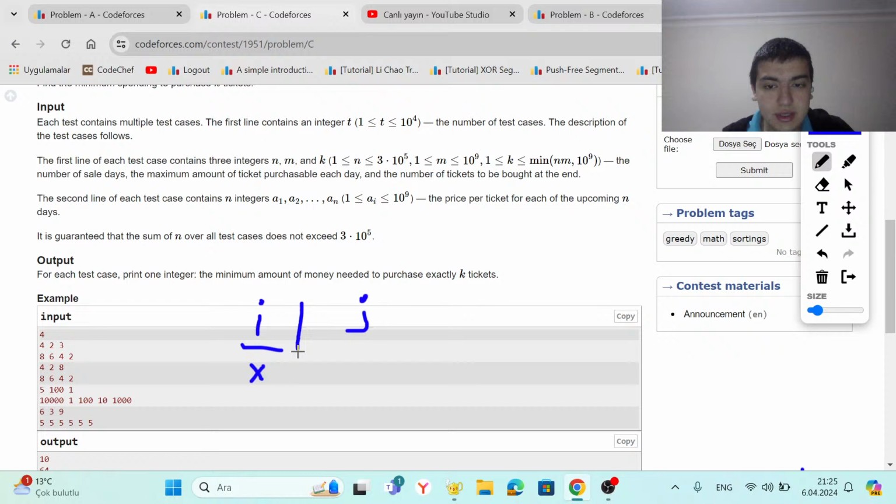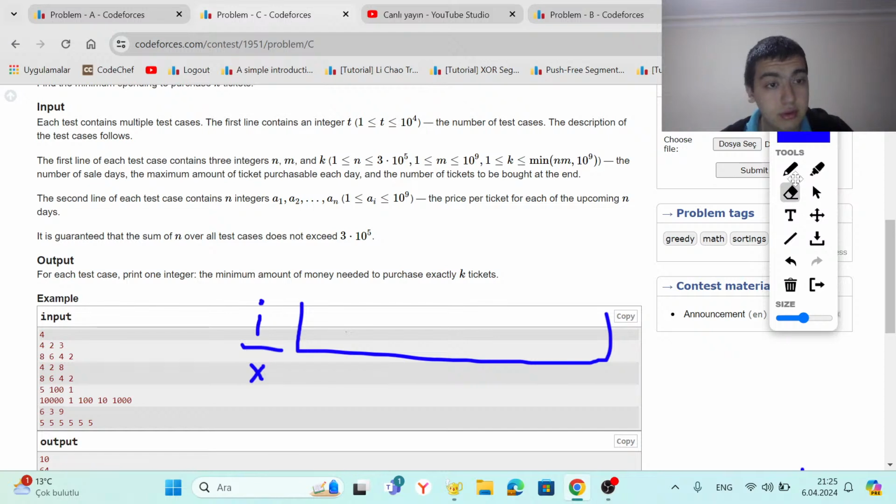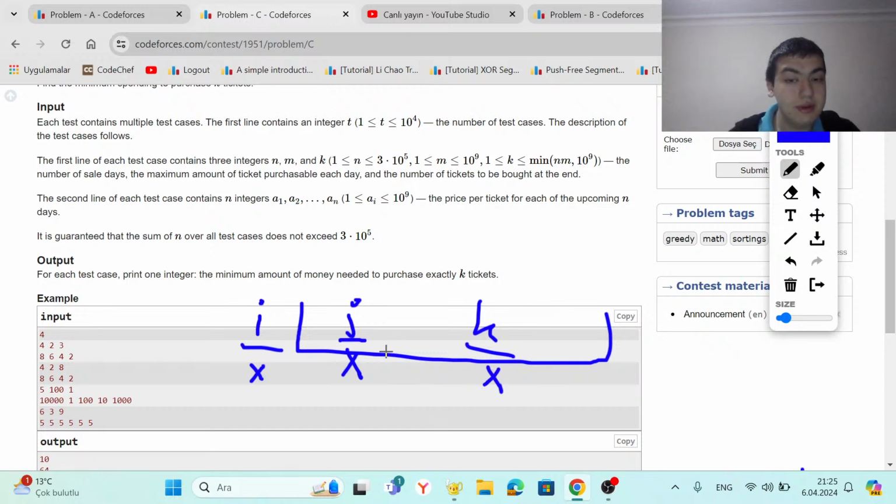So all the numbers here will increase by exactly X. So if we buy a ticket here, the cost of buying from J or K will not change because they will both increase by X. If J is smaller than K before adding X, J will still be less than K after adding X, because we are adding the same amount to all the numbers after here.